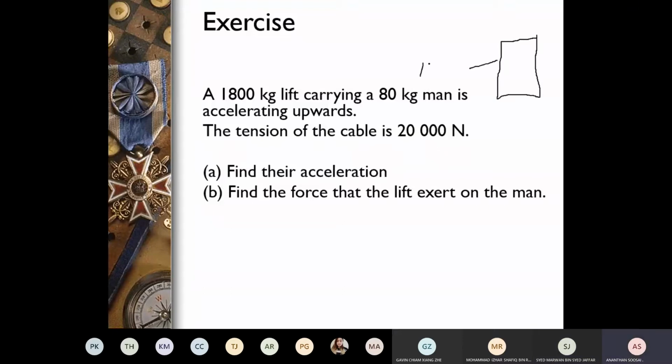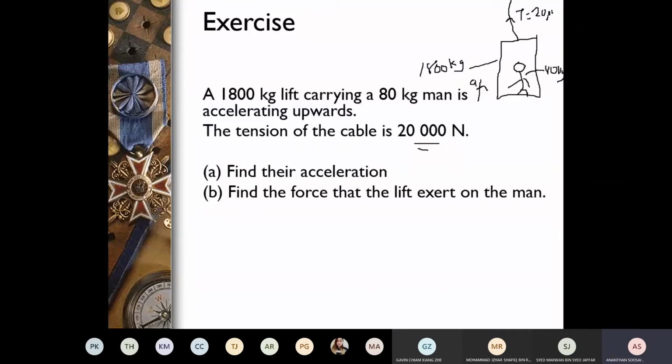The lift is 1,800 kilogram, and it is carrying a person inside. The person's weight is 80 kilogram. It accelerates upwards, so A is upwards. The tension in the cable up there is 20,000 Newton.